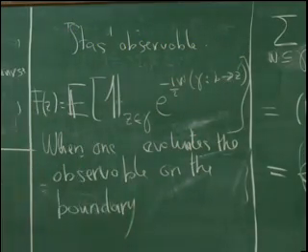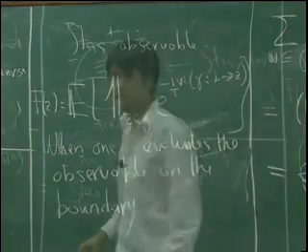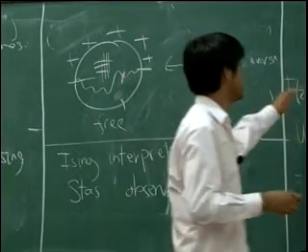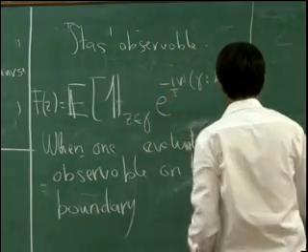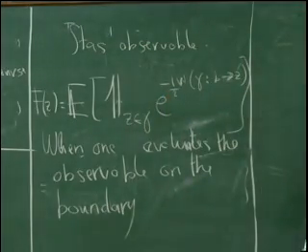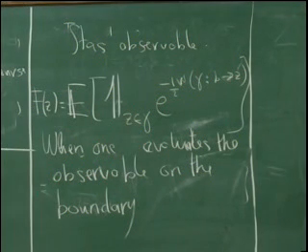So when one evaluates the observable on the boundary, one looks at this quantity. And what can one say about this quantity? Actually, there is a very nice thing that happens, which is very easy to see.